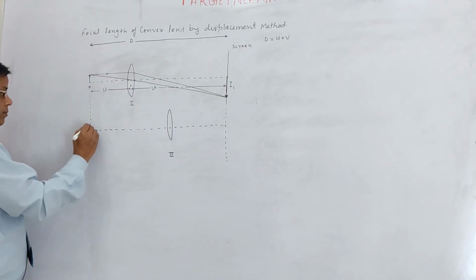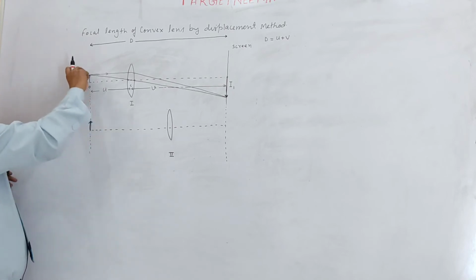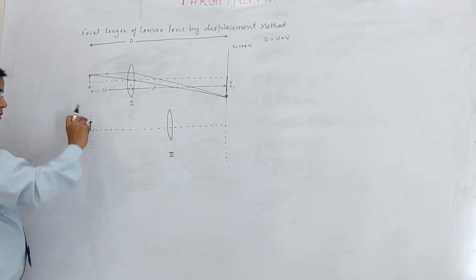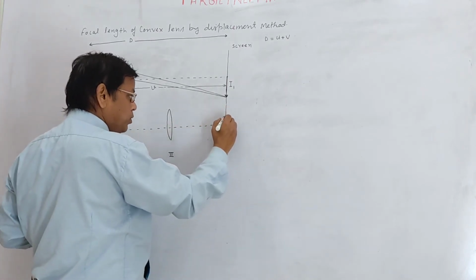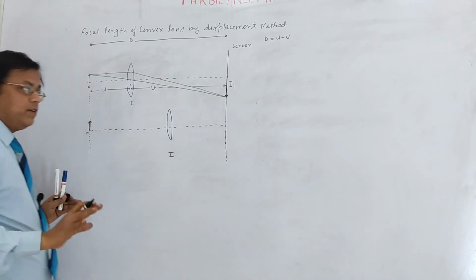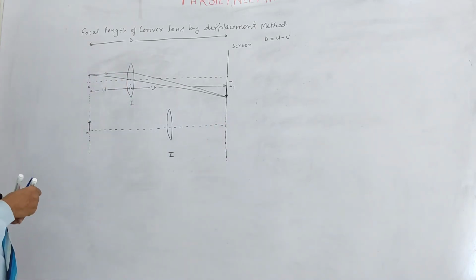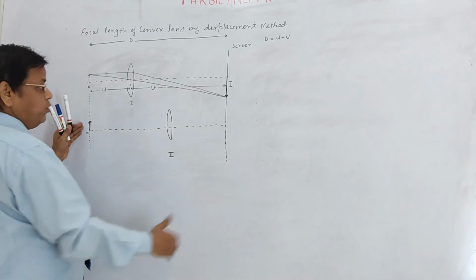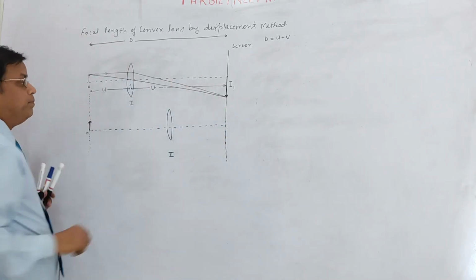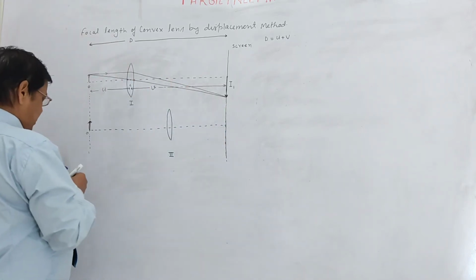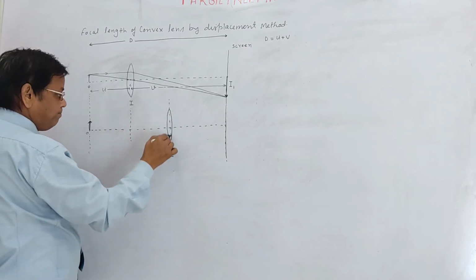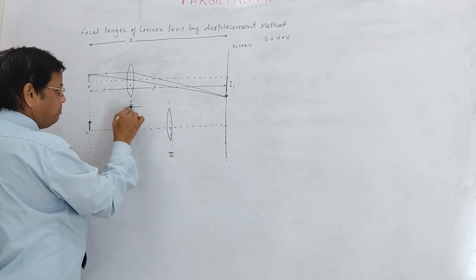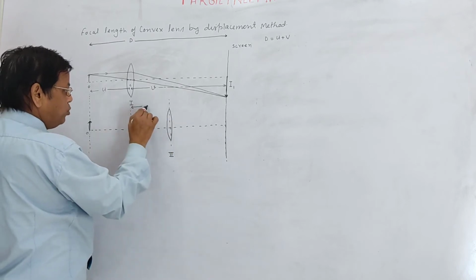This is the position of the object. Earlier the object was here. In the second case also the object is at the same position, the screen is at the same position. So there is no change in position of screen or object. So even now the distance between object and screen will be capital D. But here I displace the lens from this position to this position. Suppose the distance between the first position and second position is small d.